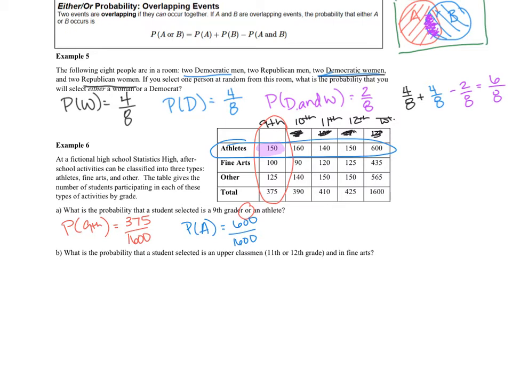And then we can see the purple shaded region. It's the part that got added twice, the 150 people that are athletes and 9th graders. So the probability of being a 9th grader and an athlete is 150 out of 1,600.